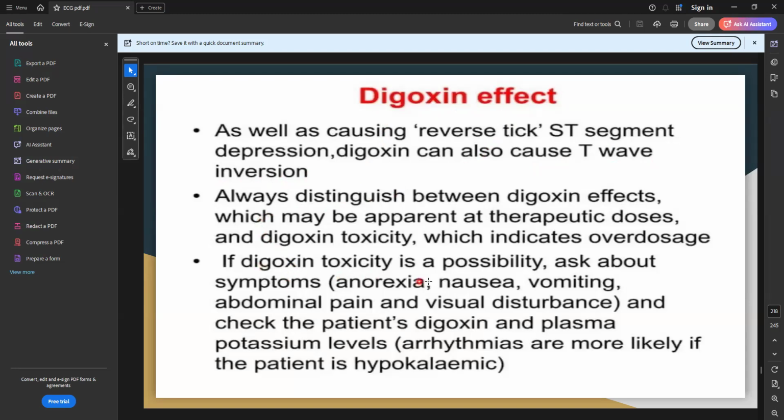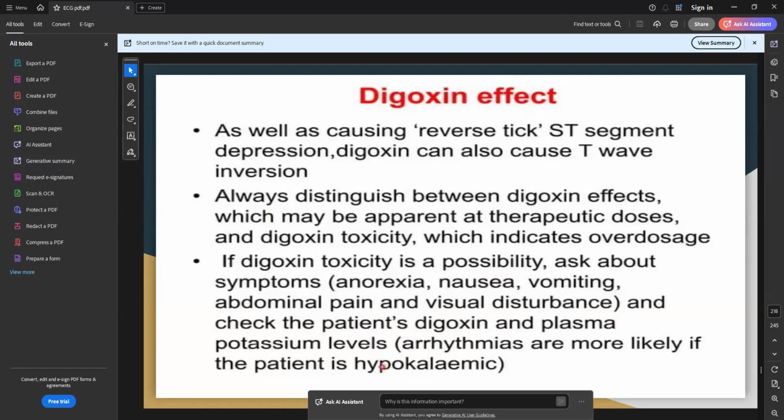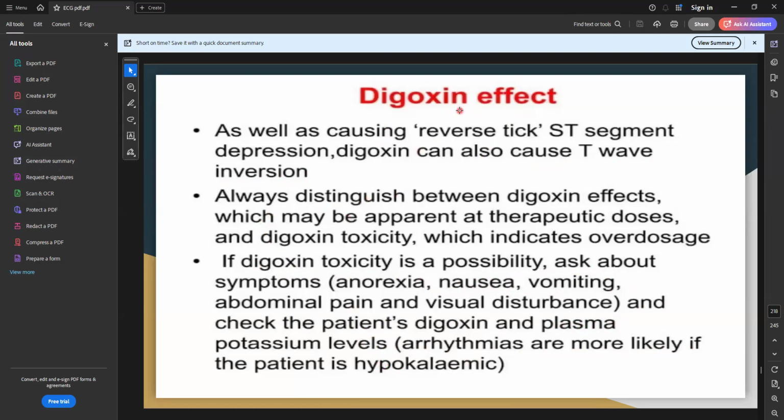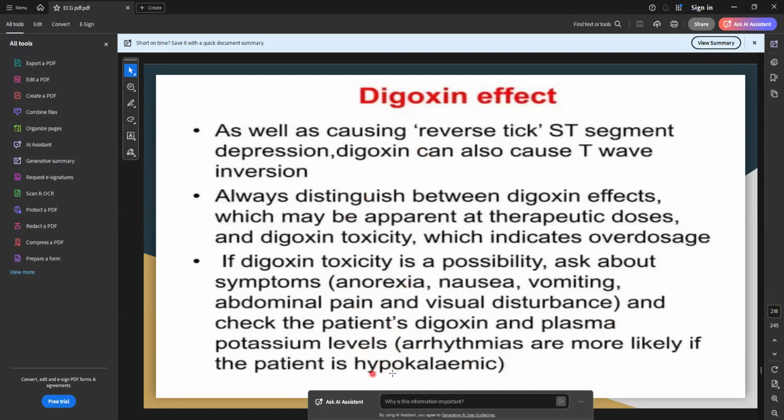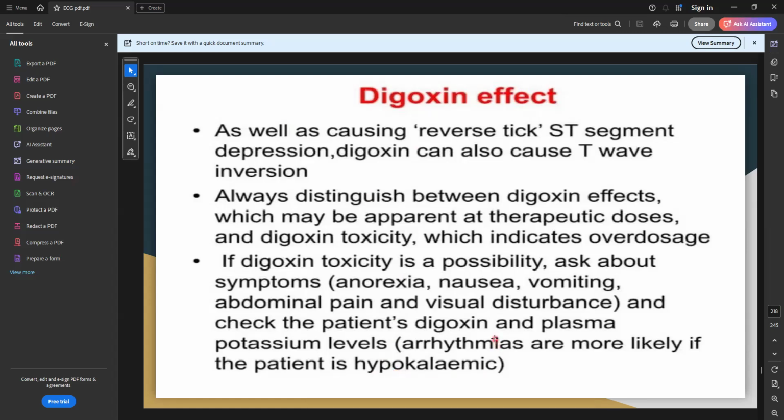If digoxin toxicity is a possibility, you have to ask the patient about other symptoms also. At the same time, you have to check the serum potassium levels, because arrhythmias are more likely to occur if the patient with digoxin toxicity is having hypokalemia.